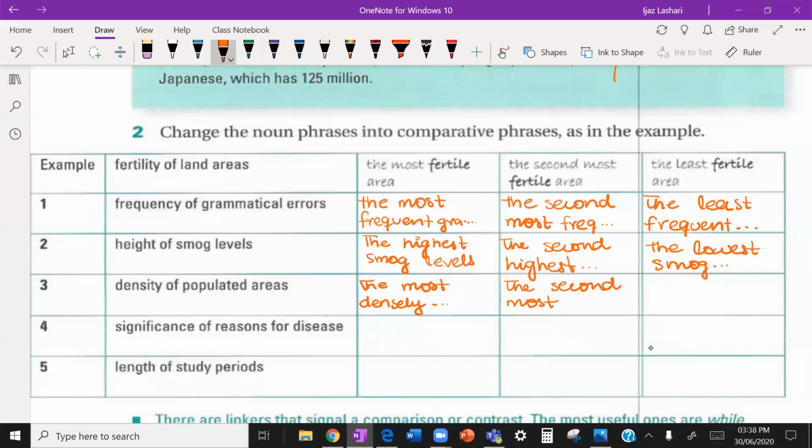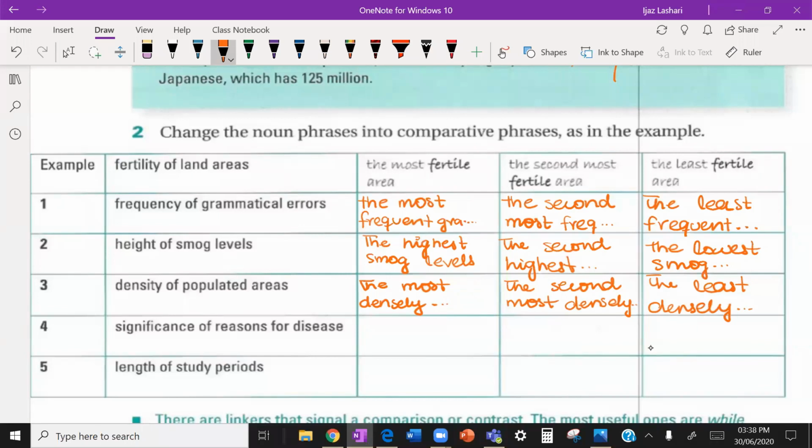And the third one will be the least densely populated.